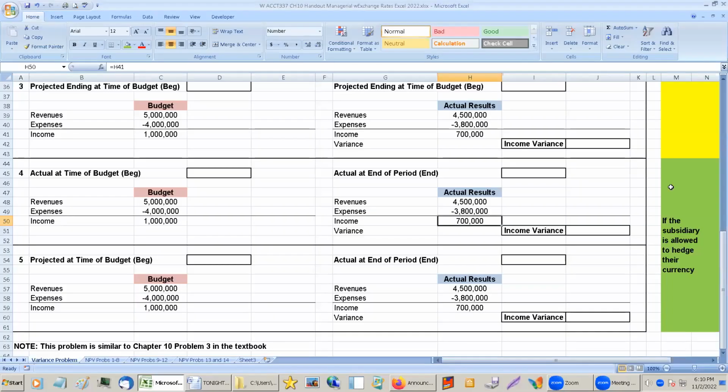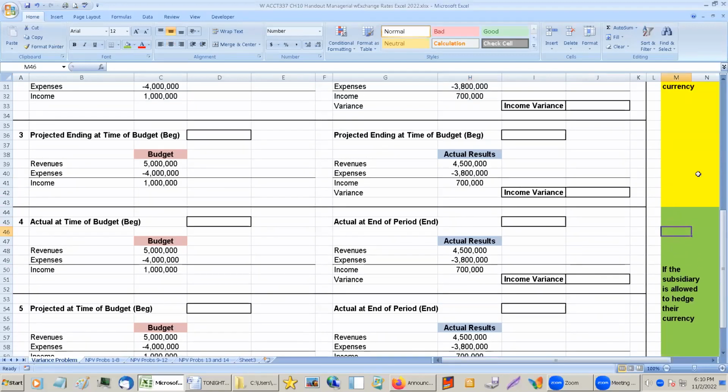The problem with hedging for things like budgeting is that you don't know exactly what the end amount's going to be. Are you going to be transferring 3 million, 4 million, 5 million? You have an estimate, but you're going to have to make your hedging based on that estimate, and that could be wrong. It probably is wrong. It's a crystal ball to some extent.